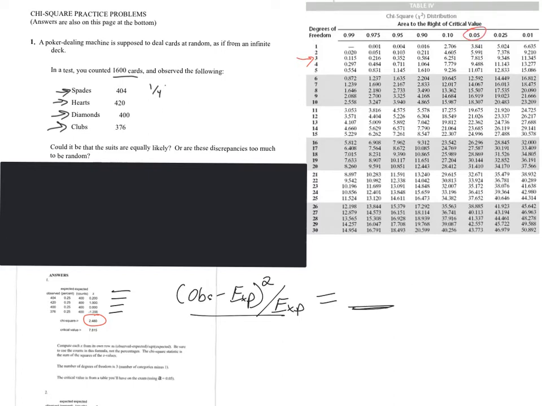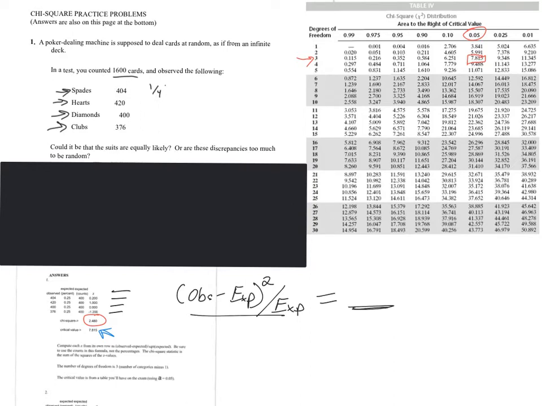Now, if the problem tells you some other number, you just find that particular percentage of accuracy that you're looking for. So at 0.05 and 3 degrees of freedom, our critical value is 7.815, and here it is, 7.815, in the answer set. So 2.48 is smaller than 7.815, so you accept the hypothesis.